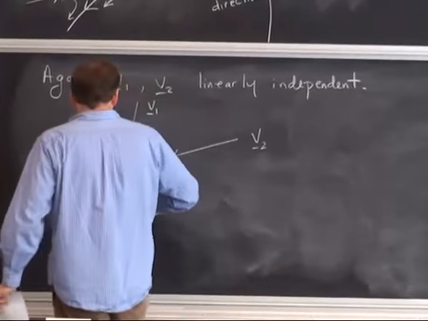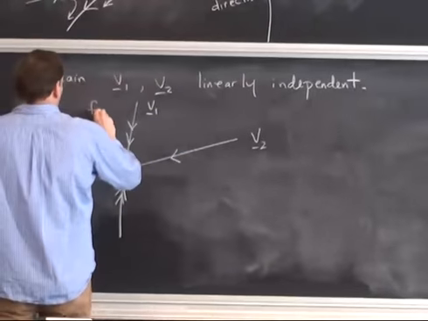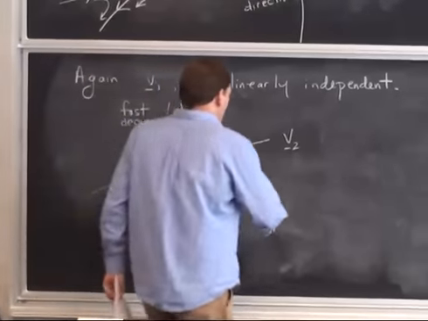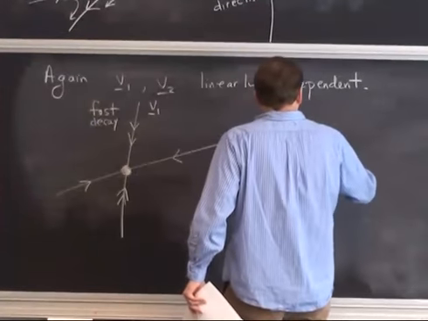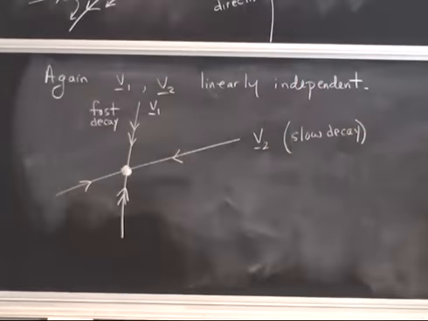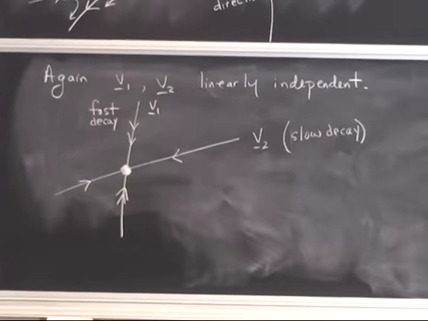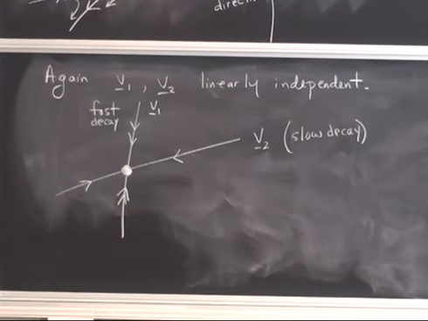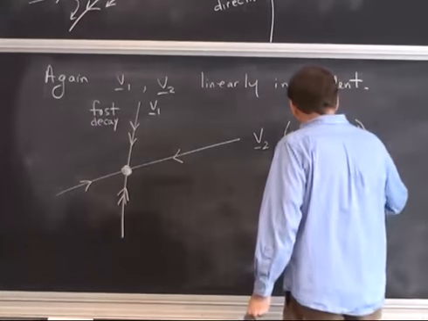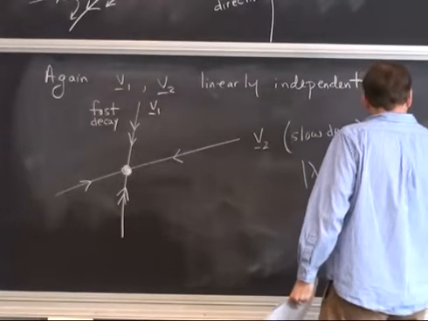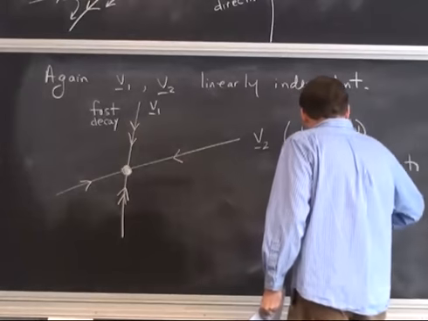Let's put two arrows there to indicate that this is the fast decay. This one has slow decay. Just, one compared to the other. One has faster exponential decay than the other. So the slow direction is the V2 direction, and it's slow, because lambda 2 in absolute value is closer to 0 than lambda 1 is.